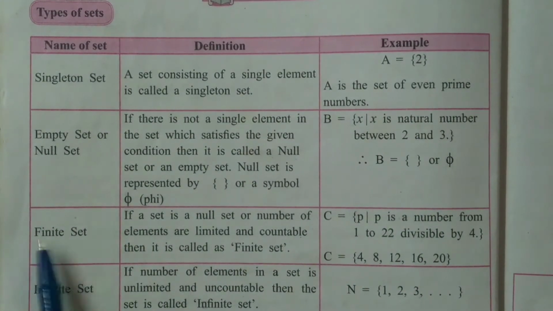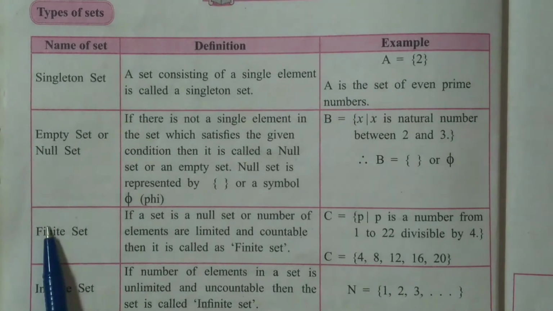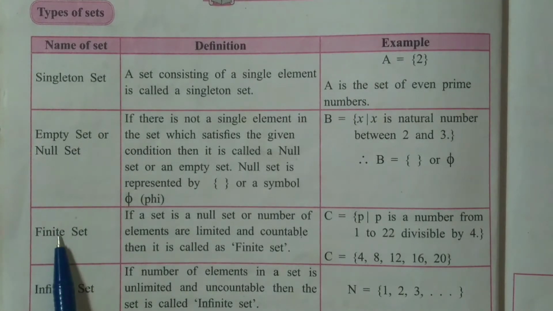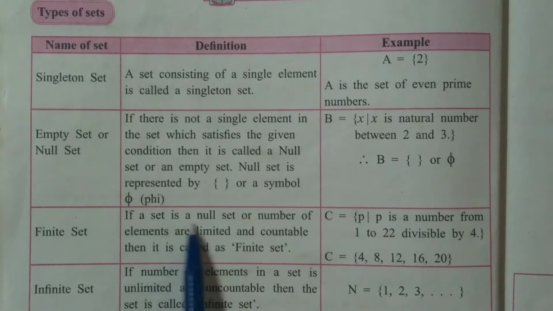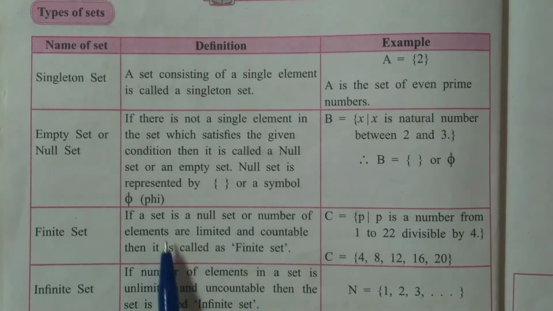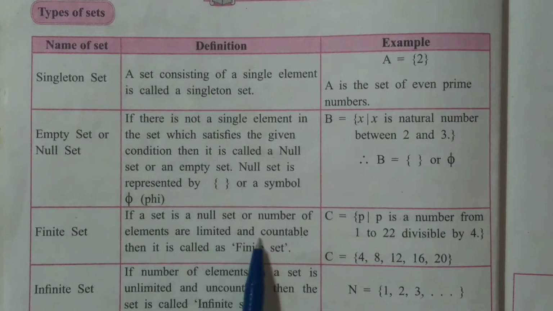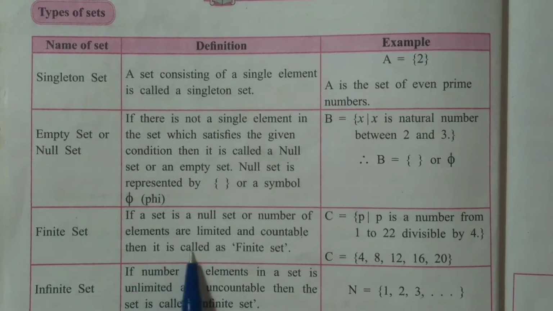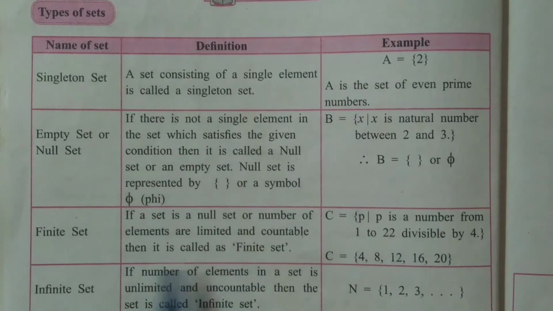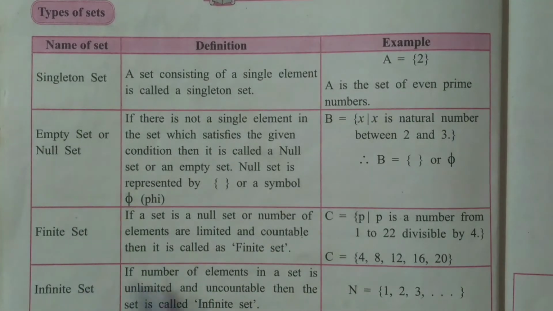Finite set. Now a finite set is a set whose elements we can count. If a set is a null set or the number of elements is limited and countable, then it is called a finite set. Null set is also a finite set.